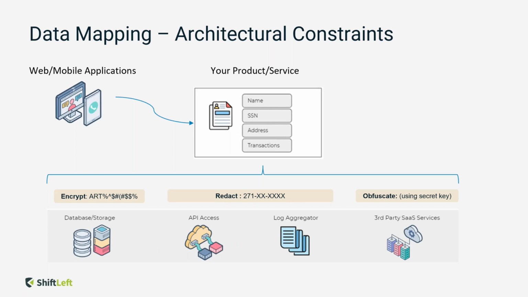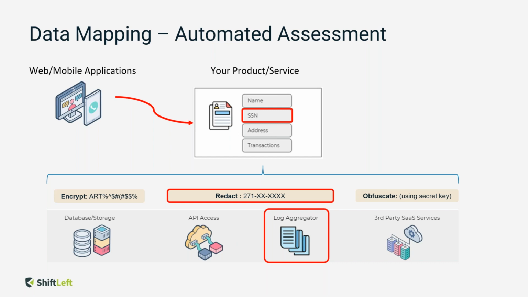But one thing in CCPA is also to prove that these controls actually work. So you would need something like an automated assessment, which would ensure that these things actually happen. An example could look like this, where a user is sending in a social security number, so that is one flow, and then that SSN is flowing into a log file, and you have put in a redaction control in the path.